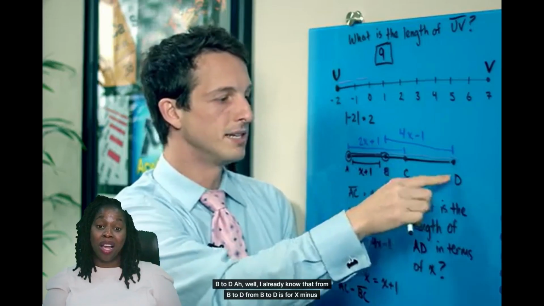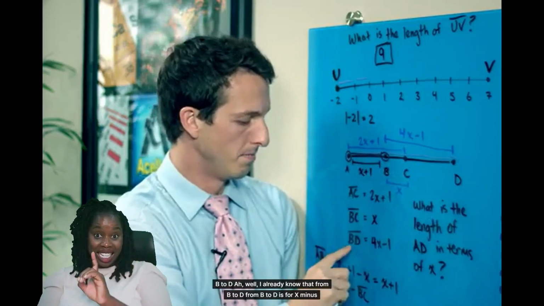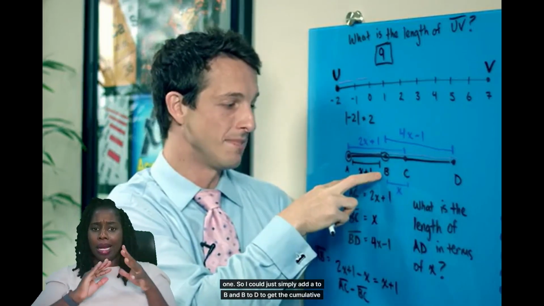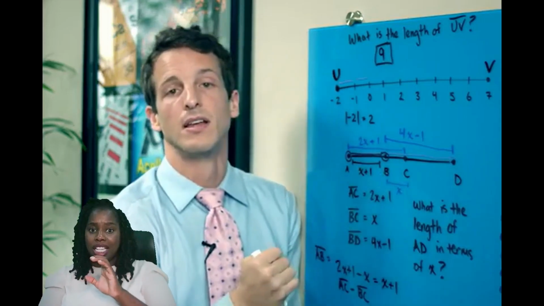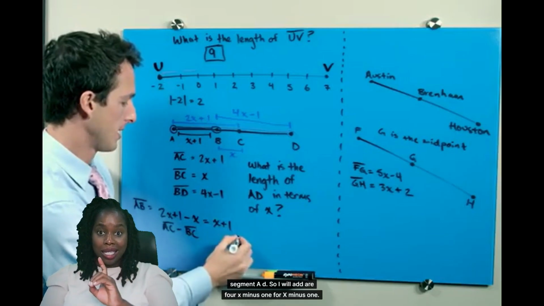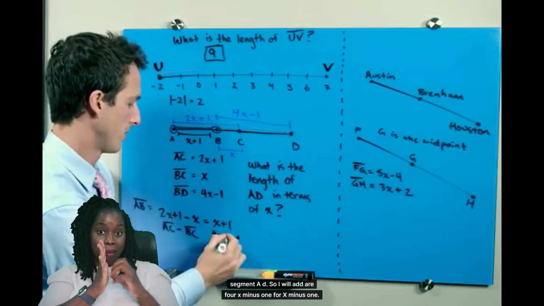Now I have from B to D, I already know that. From B to D is 4x minus 1, so I can just simply add AB and BD to get the cumulative segment AD. So I will add our 4x minus 1. Okay, so 4x minus 1.